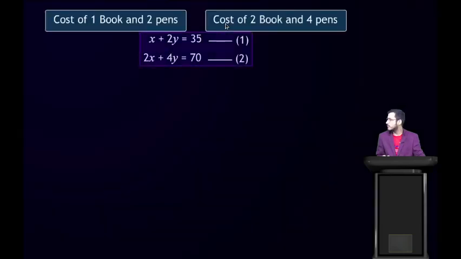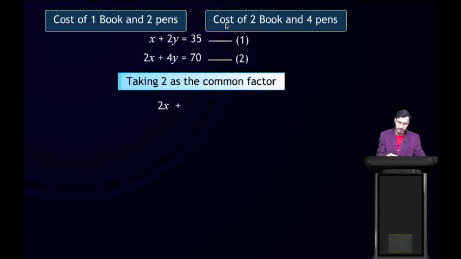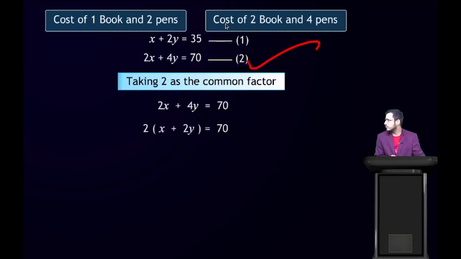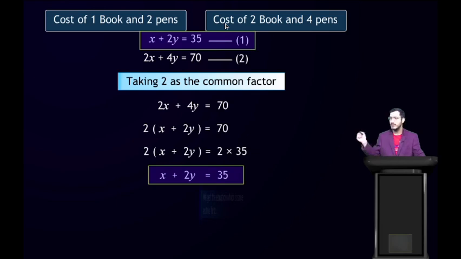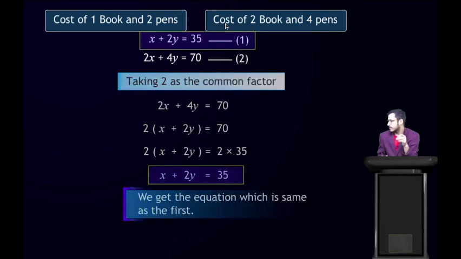The cost of one book and 2 pens, and the cost of 2 books and 4 pens. So taking 2 as the common factor in the second equation, 2x plus 4y is equal to 70, that is 2 into 35, and we can write x plus 2y is equal to 35. So you can see both the equations are the same. We get the equation which is same as the first.